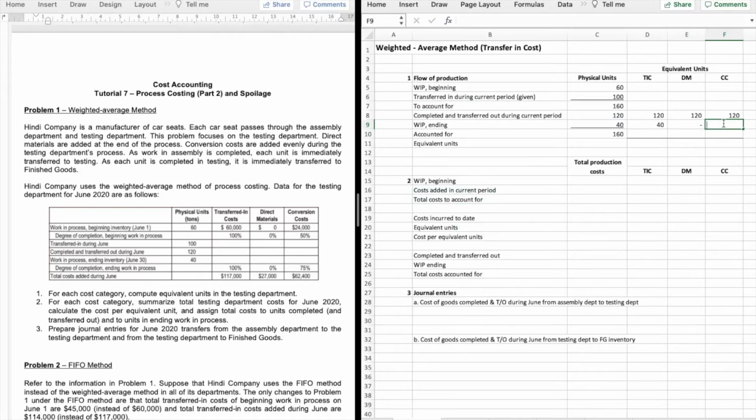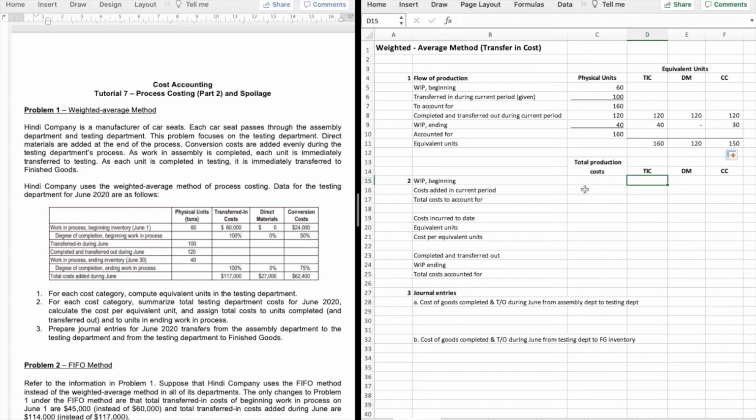And for the conversion cost, that is 75%. After this, we can calculate the equivalent units by adding the completed and transferred out with the ending work in process. So for the transferred in cost, we have 160, direct materials is 120, and conversion cost is 150.